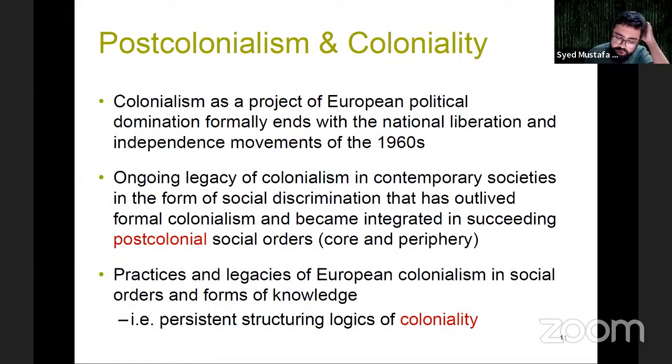Now, colonialism as a project of European political domination involving settlement formally ended with the national liberation and independence, or decolonization, movements of the 1960s. Yet the modernity which colonialism engendered persists, albeit transformed, under the condition of postmodernity, which has meant the persistence of certain sedimented colonial ways of knowing and being, that is, colonial epistemology and ontology, based on systems of categorization, classification, and taxonomization, and the embedding of these in practices, artifacts, and technologies.